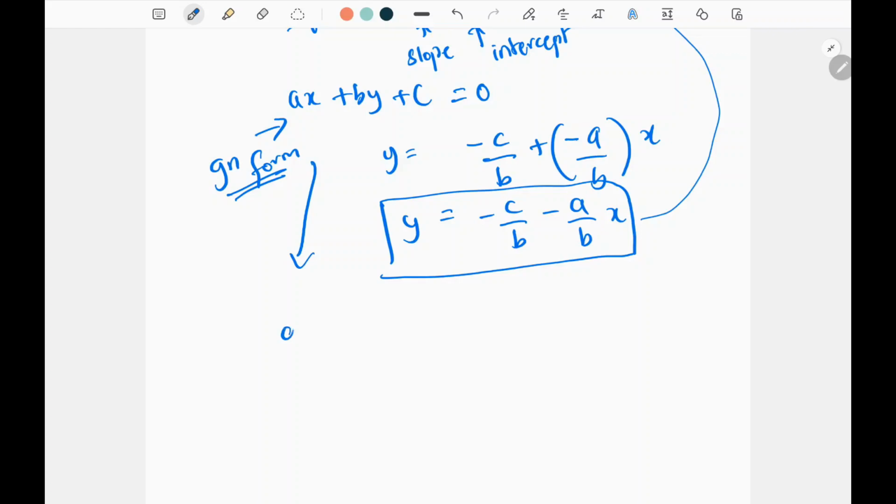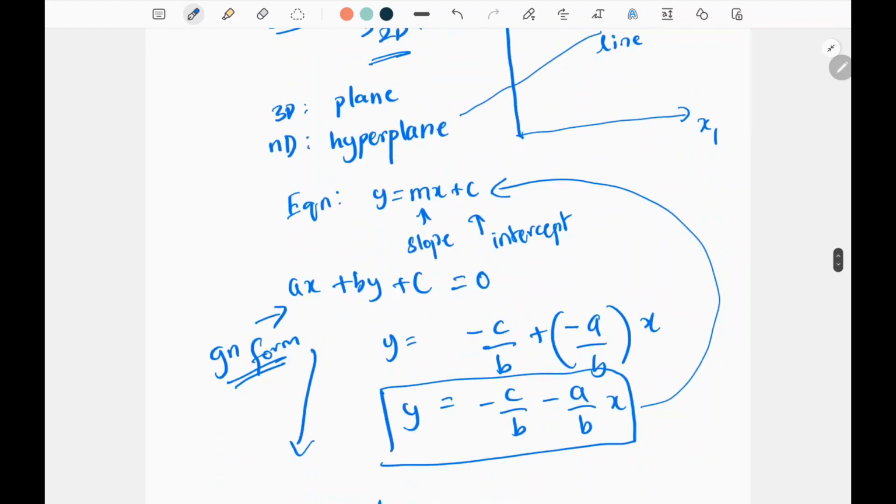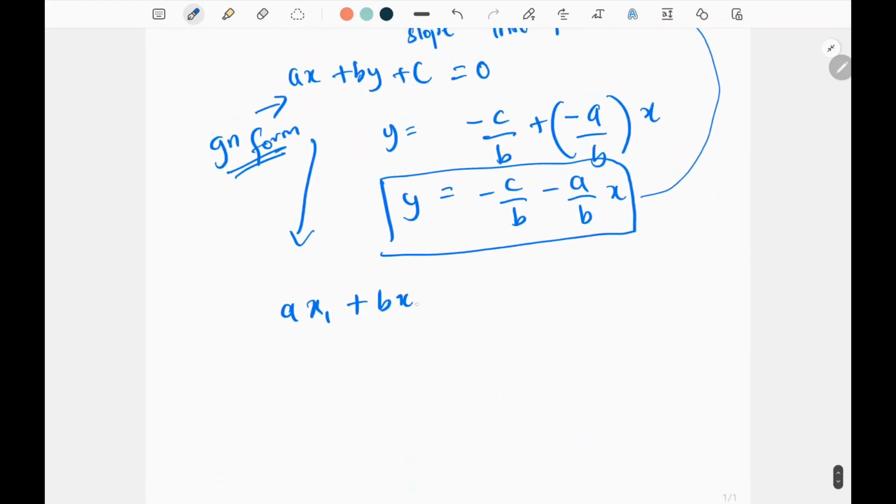Now substituting x1 for x, and here we represent y as x2, so we are putting x2 here: ax1 plus bx2 plus c equals 0.